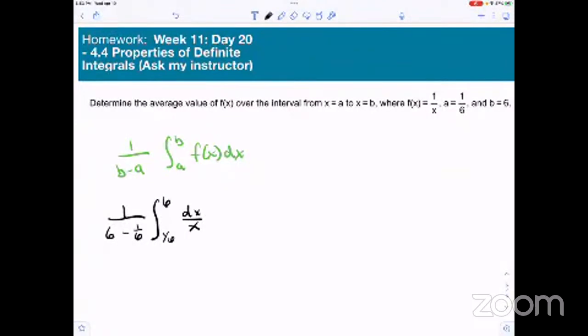Let me see, 6 times 6 is 36, so that's 35. 6/35, right? I think that's 6/35, times the natural log of x as x goes from 1/6 to 6.